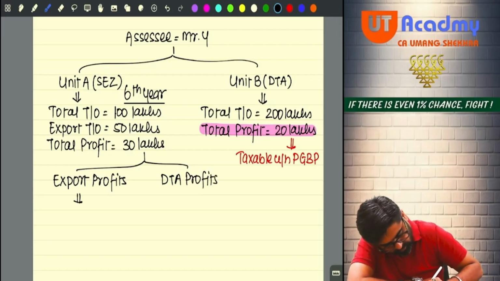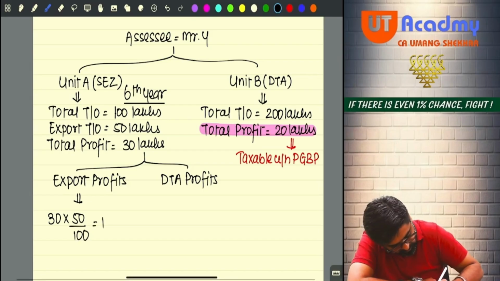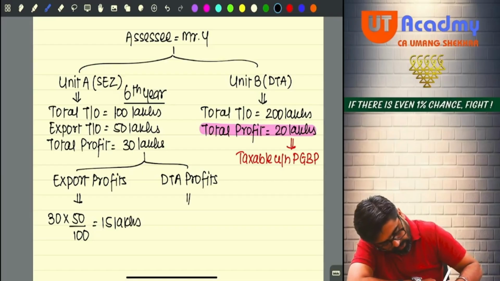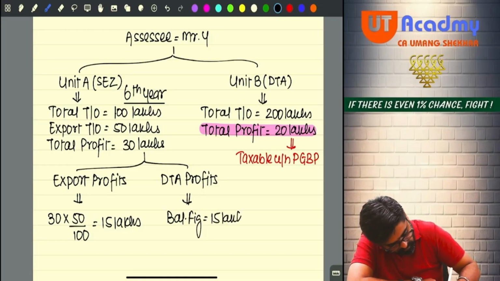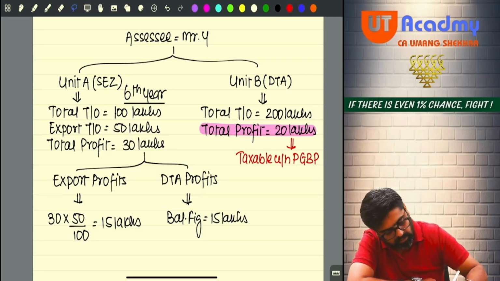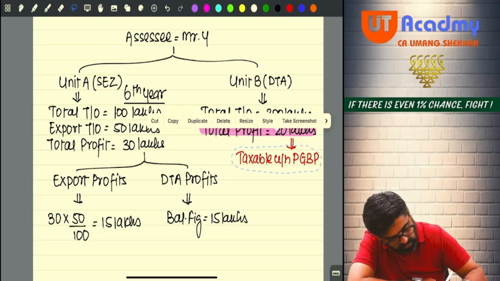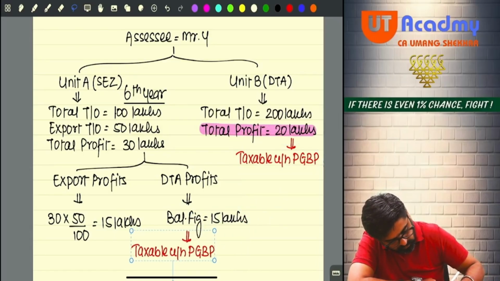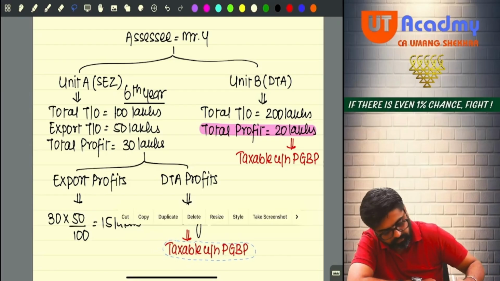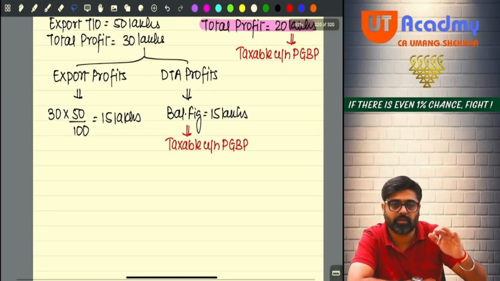Export profits will be 30 into 50 upon 100, which is equal to 15 lakhs. And DTA profits will be the balancing figure, 15 lakhs. Yes or no? Without any doubt, this 15 lakhs will be taxable under the head PGBP. There is no doubt about it, because that is DTA profits.